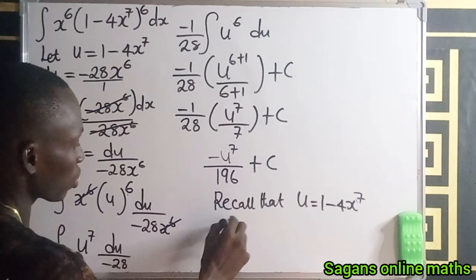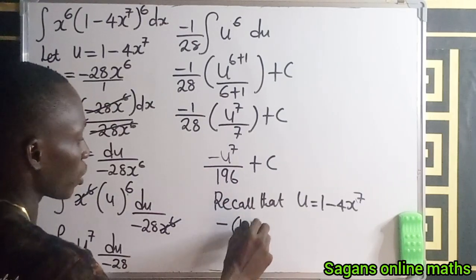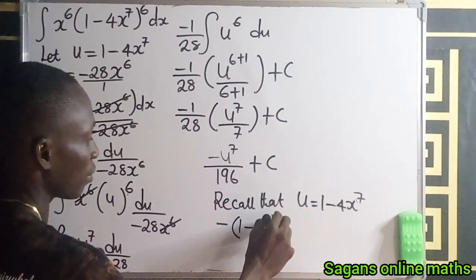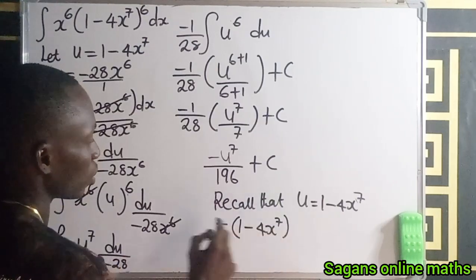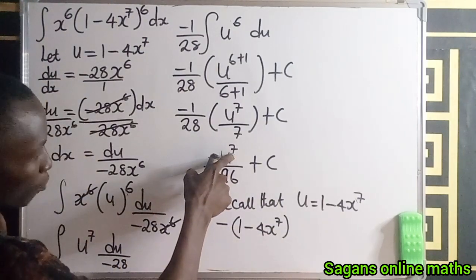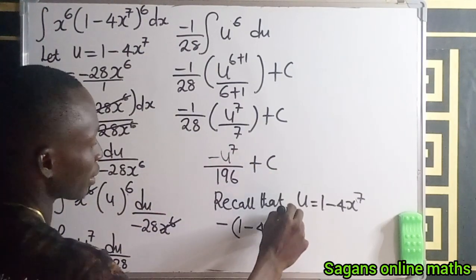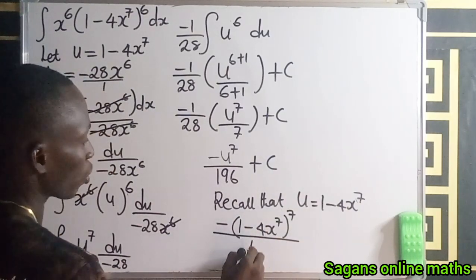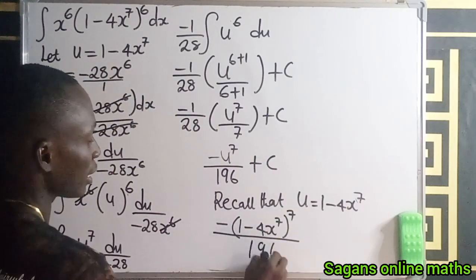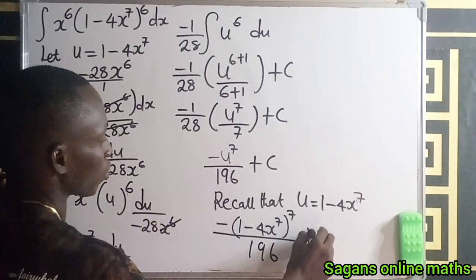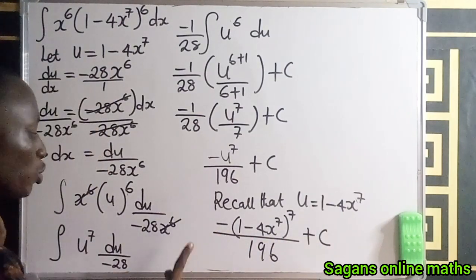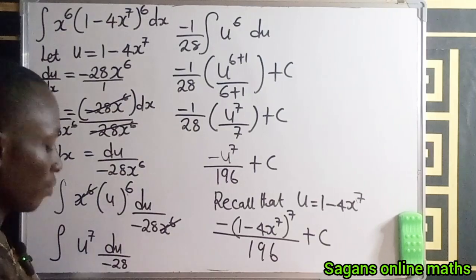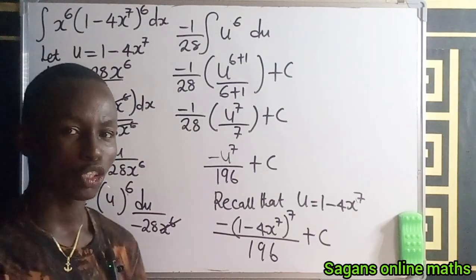So this is minus (1 minus 4x to the power of 7), all to the power of 7, divided by 196, plus our integration constant C. And this is the beautiful solution to this particular problem. Can you see how simple and interesting it is?